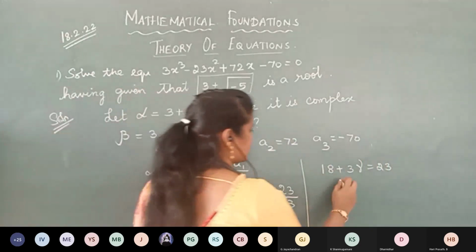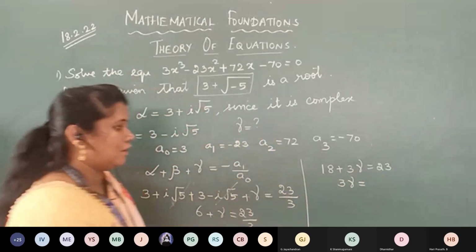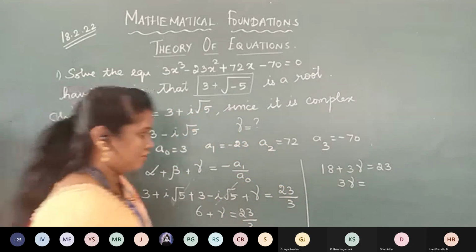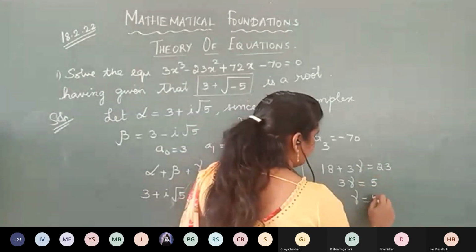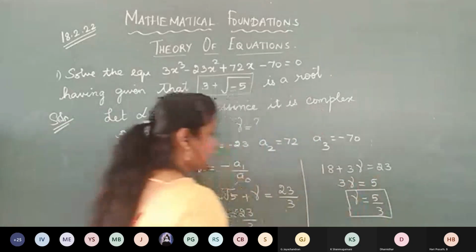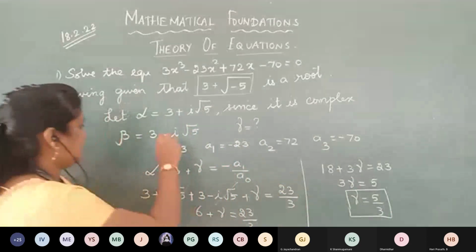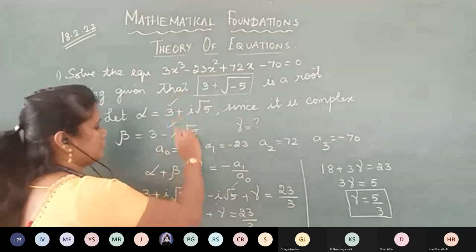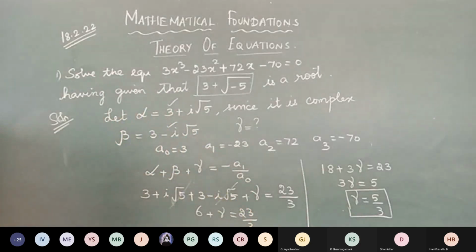You need only gamma, so 3 gamma is equal to 23 minus 18, so that will be 5. So your gamma is equal to 5 by 3. So all your roots, write it together: alpha is equal to this one, beta is equal to this one, and gamma is equal to 5 by 3. Write it.